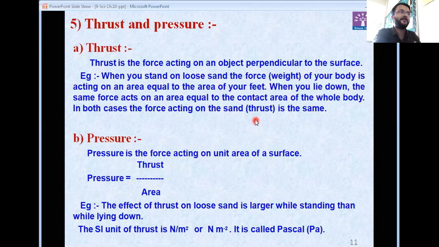So if we think in that way, thrust is the perpendicular force itself, nothing else. And that particular force on a particular area is known as pressure. So in the iron nail case, very good pressure can be exerted when we hit it with a hammer. Okay, due to the smaller value of the denominator, more pressure will be exerted.